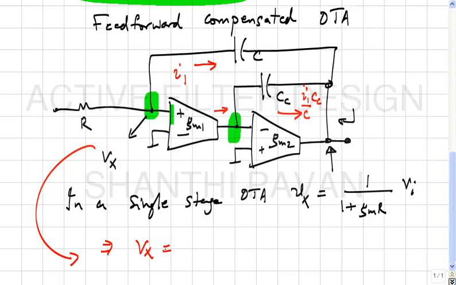If GM1 is supplying a current of I1 times Cc by C, so Vx must be approximately I1 Cc by C times GM1. And what is I1 approximately? This must be I1, approximately V in by R.